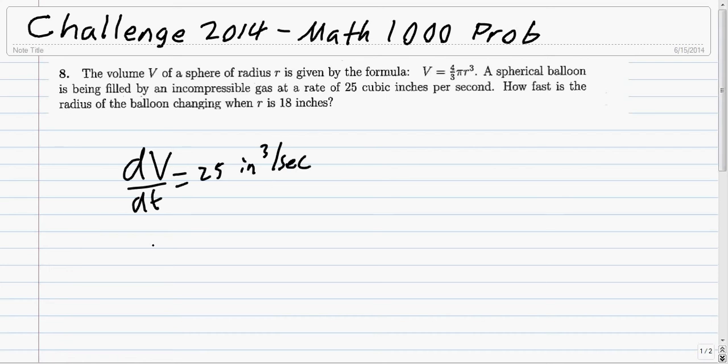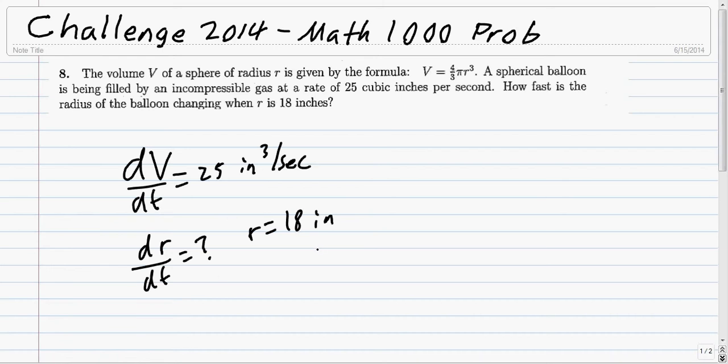Then the main problem is asking us how fast the radius is changing with the balloon. So the derivative of the radius with respect to time is what we're looking for, at radius being 18 inches. So what we're solving for here is dr over dt, and we have dV over dt and r.